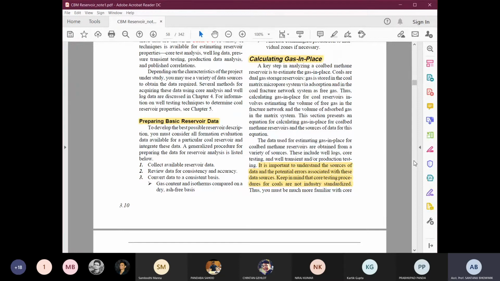Suppose you are going to consider testing, like rock sample analysis, you have UCS testing, uniaxial compressive strength testing, and triaxial compressive strength testing. All of this you maintain as per the ASTM standard, American Society for Testing and Materials. We are going to follow that.